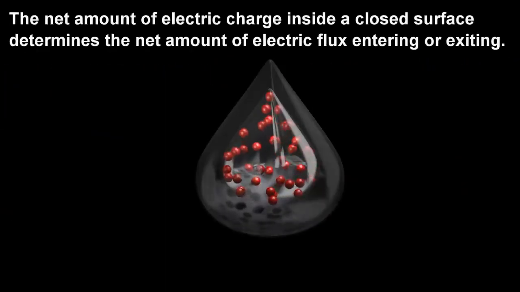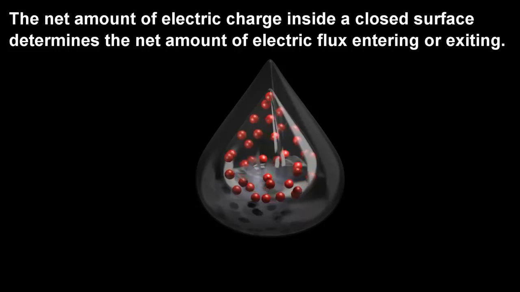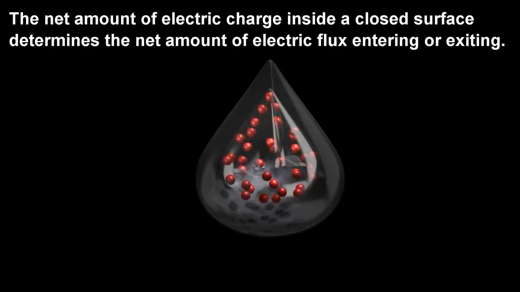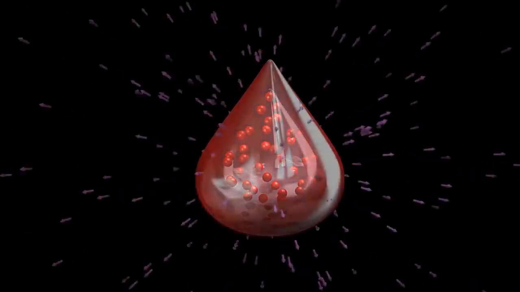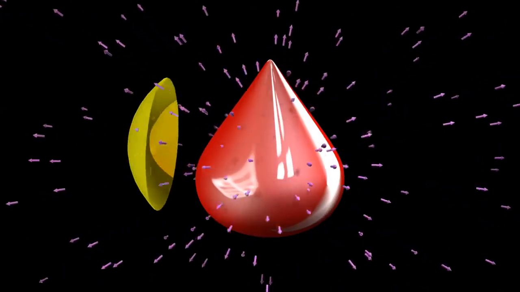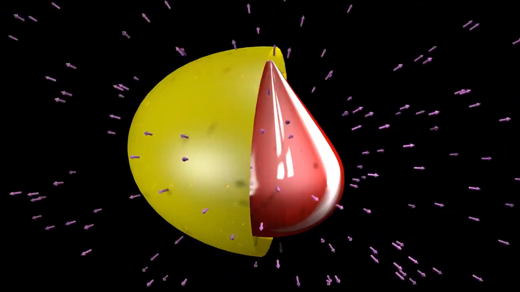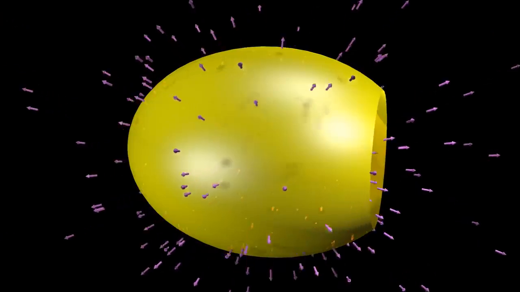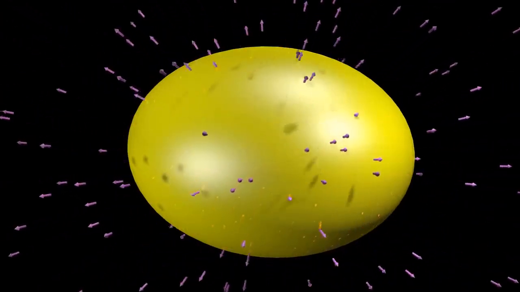The net amount of electric charge inside a closed surface determines the net amount of electric flux entering or exiting. This remains true regardless of the size or shape of the closed surface.